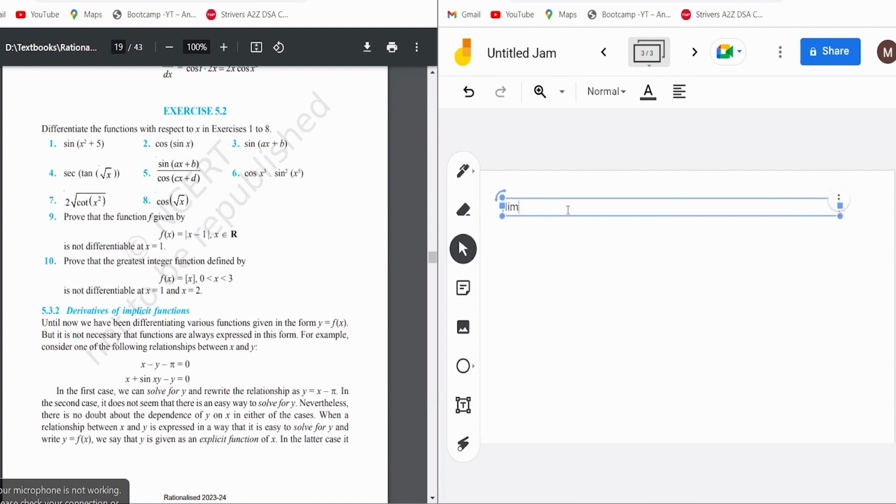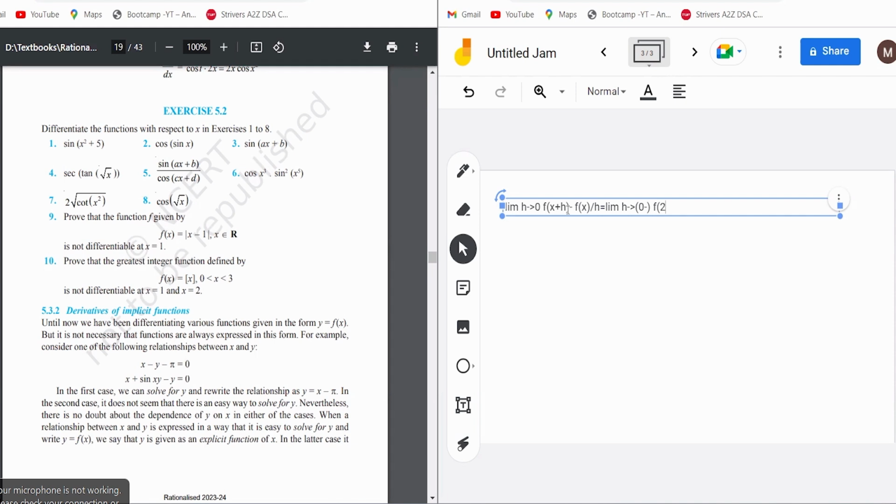What? Limit of h tending to 0, f of x plus h minus f of x divided by h. So what we will get from here? I have to break it in two cases again. Limit of h tending to 0 minus, f of, now instead of x we will put 2 because we are checking for 2.